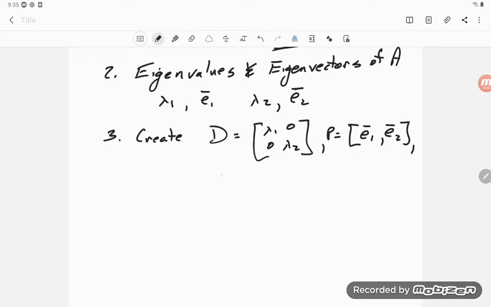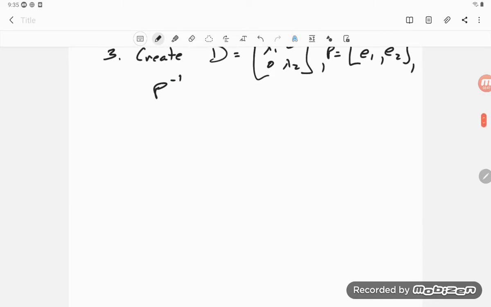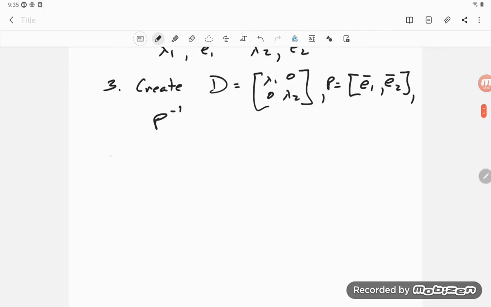And then we'll also have to compute P inverse. So we'll need that. Okay, so once we have that, then we can write A to the n is P D to the n P inverse.